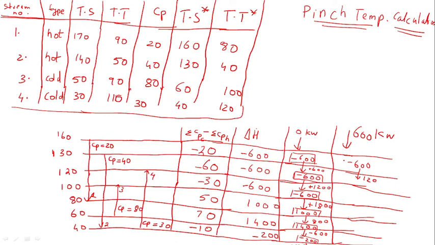So 1200 minus 600, we are obtaining 1800, plus 1800 will be evolved, which will be going to the next stream, that is minus 600. So 1800 minus 600 we are obtaining as 2400.